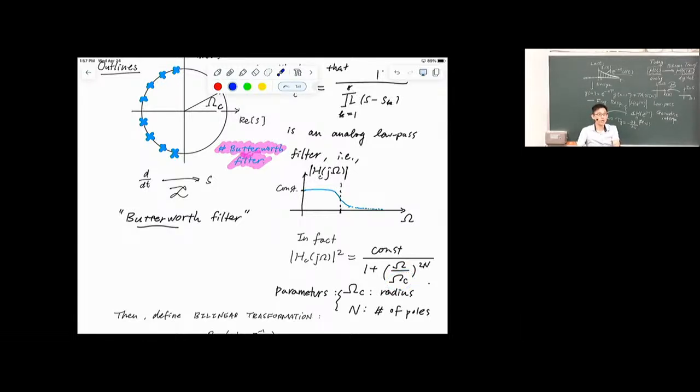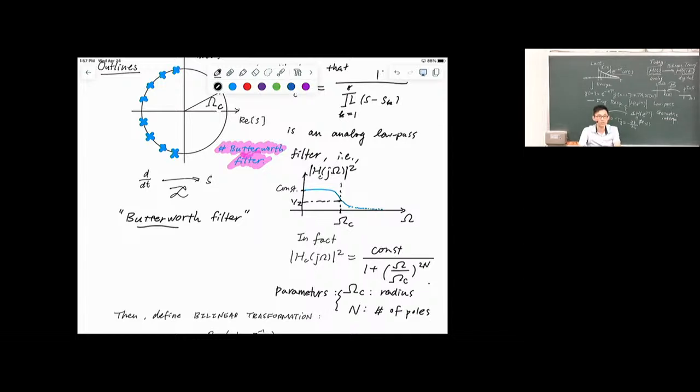This radius is exactly the cutoff frequency, in the sense that when omega equals omega c, the gain squared is cut in half. So the square of our gain is cut to 1/2 of the DC gain.